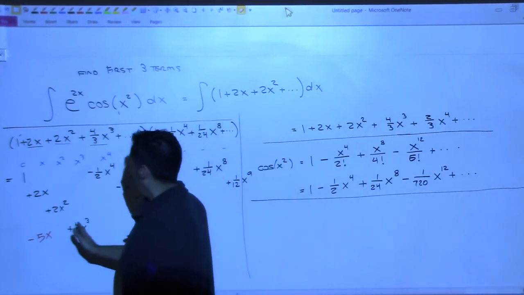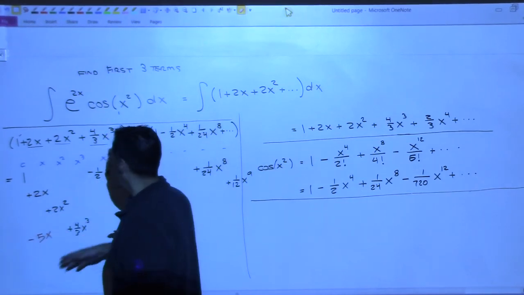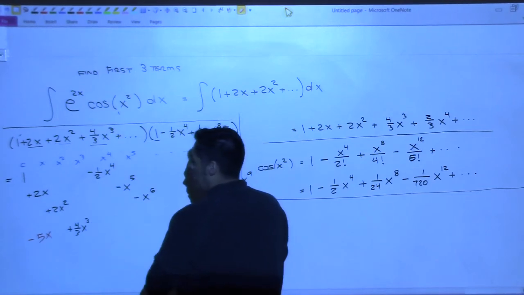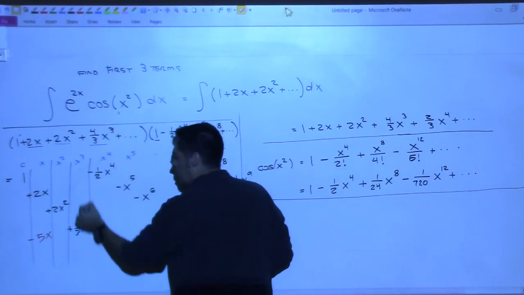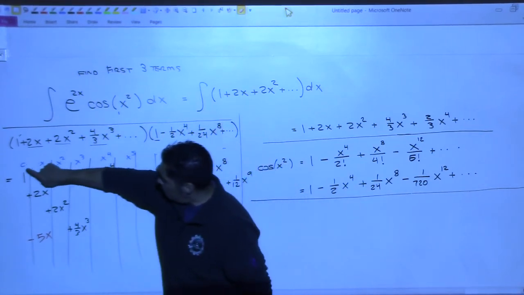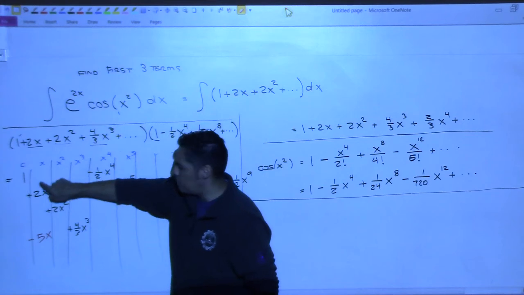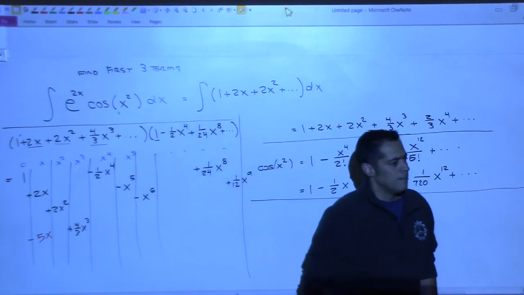Yeah, because I want to make sure I'm not ever going to pick anything else up down here, right? Because I'm combining these. I'm trying to add all these together, right? So I'm kind of like going down column by column saying, you know, how many constants do I have? How many x terms do I have? How many x squared terms do I have? And so on and so forth.